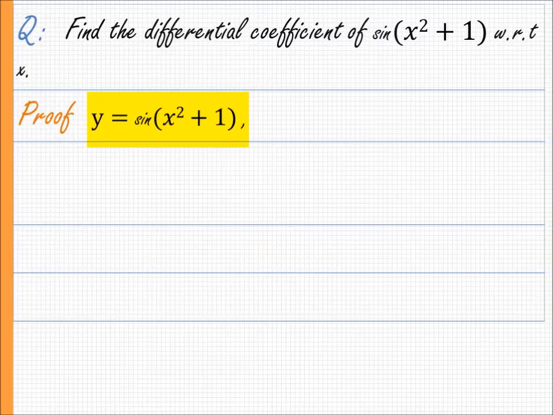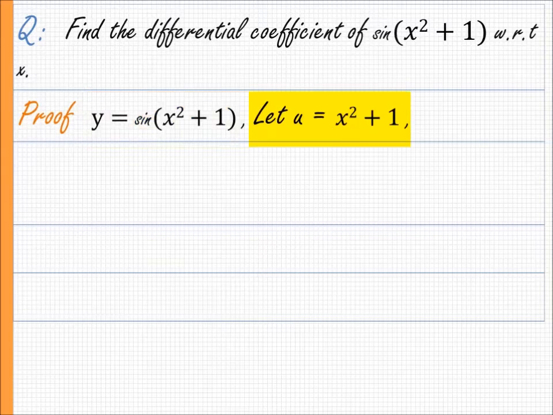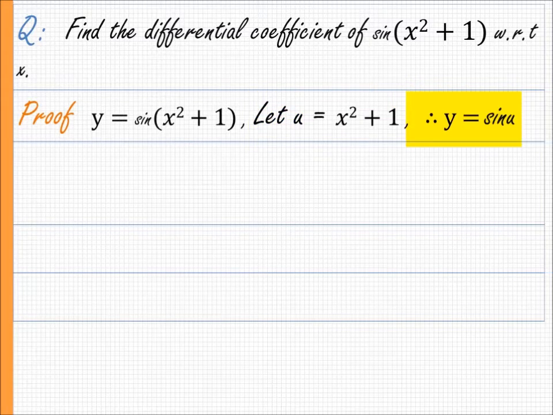Suppose we put x square plus 1 as equal to another function u. Then we have y is equal to sine of u, and u is equal to x square plus 1.